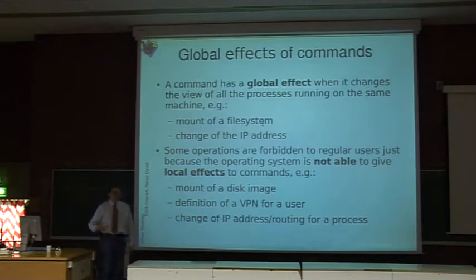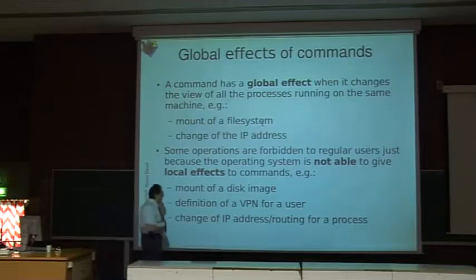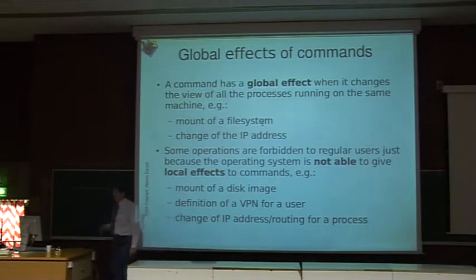In Unix, in POSIX, many commands have a global effect. If you mount a file system, that file system is mounted for everybody, for all the processes. If you want to protect the file system from undesired accesses, you need to work with permissions.